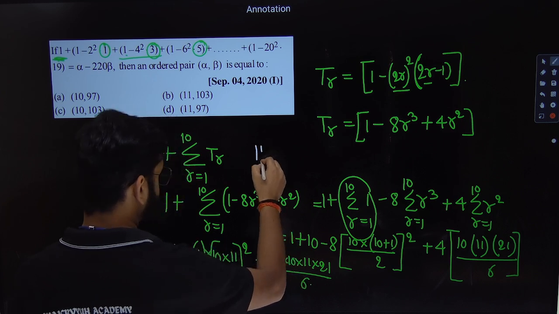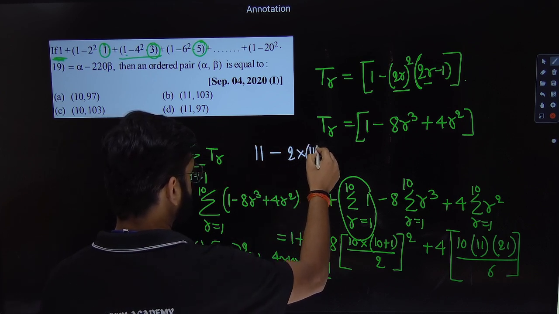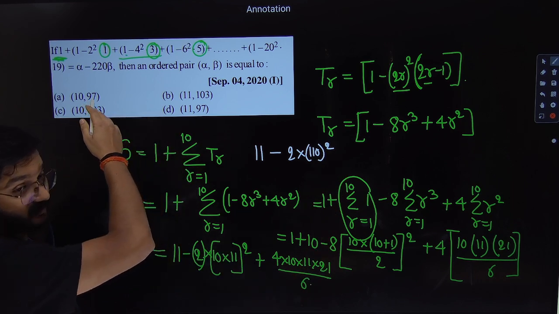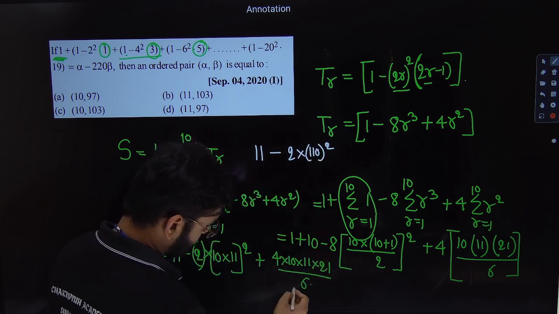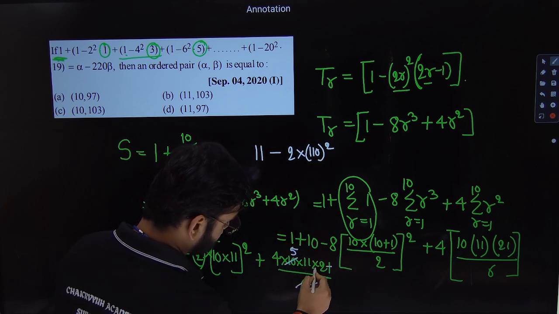So 11 minus 2 into 110 whole square. You have to be a bit smart because they're not asking the exact value. You need to just compare. So don't start solving completely. 2 5s are 10, 2 3s are 6, 3 7s are 21.